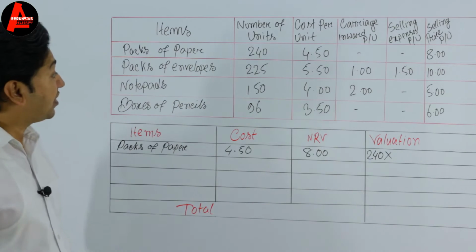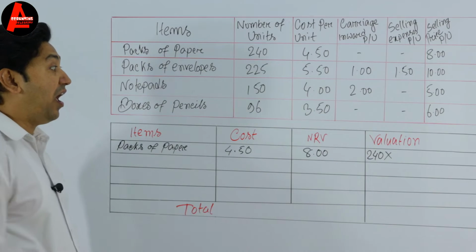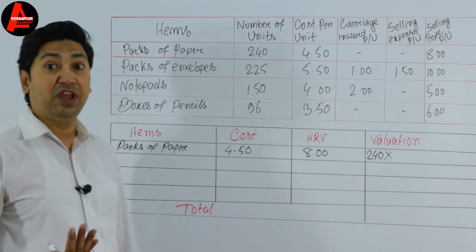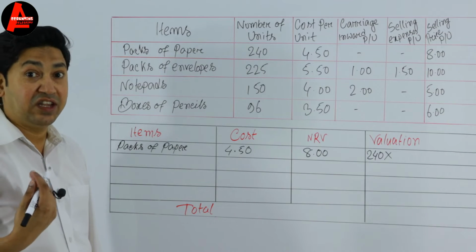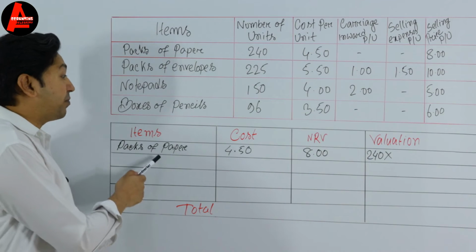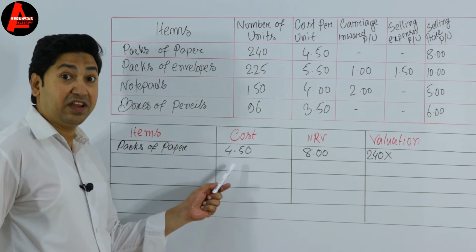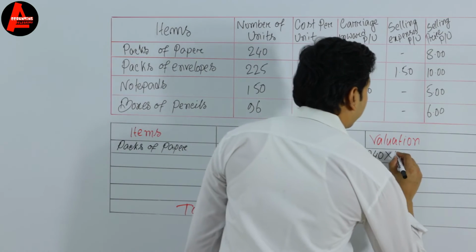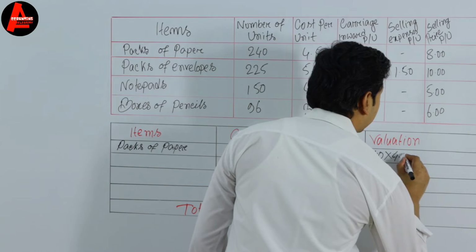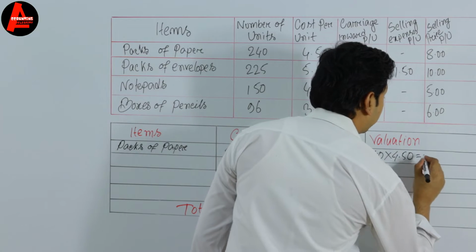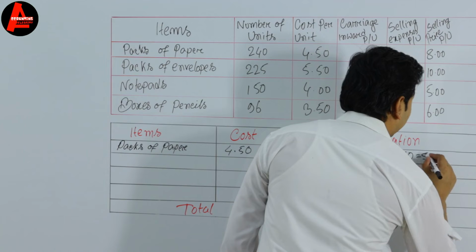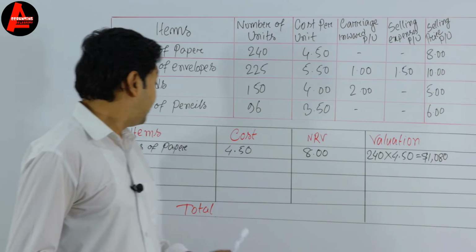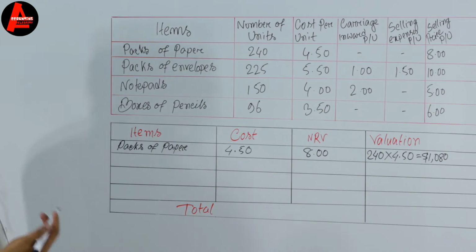The cost price is $4.5 and net realizable value is $8, so we will take the one which is lower. For pack of papers, the cost price is lower, 4.5. So we will multiply by $4.5 and we get $1,080.